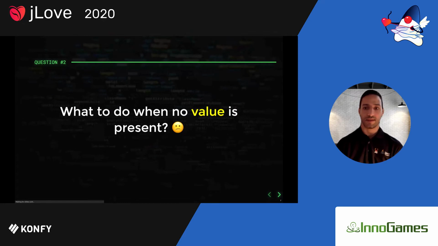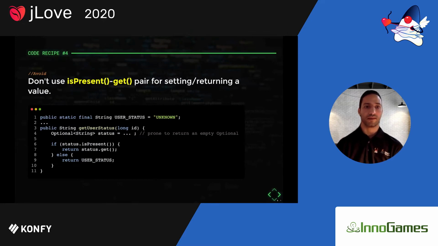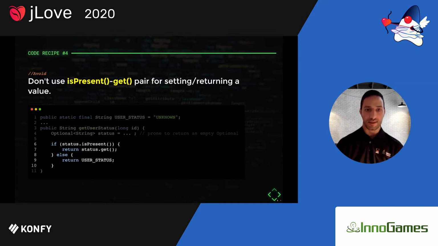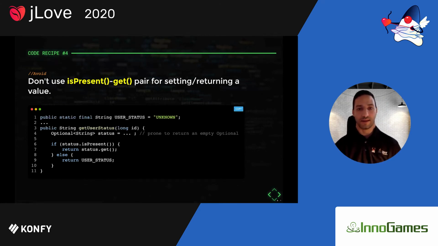So let's say that we have a case like this. As I told you, don't use the isPresent get pair for setting or returning a value. If we have a status and we would like to check the status, and normally, if the status is not present, it's still running or the user does not have any kind of status, I would like to return a default status, like the user status as we have declared it, like unknown.